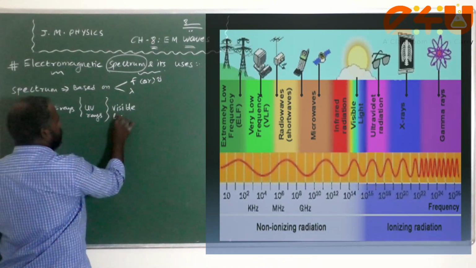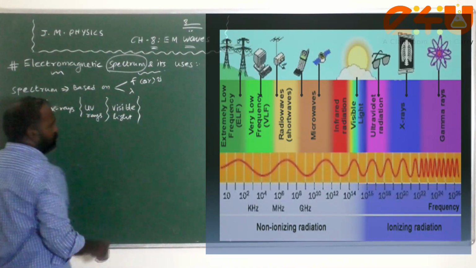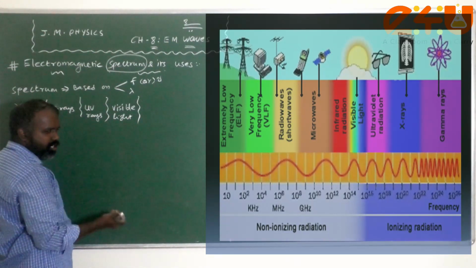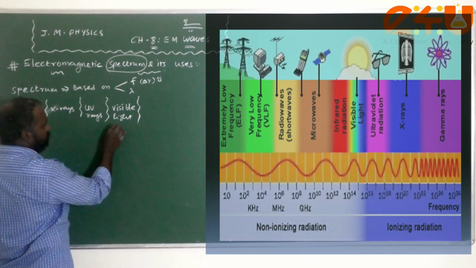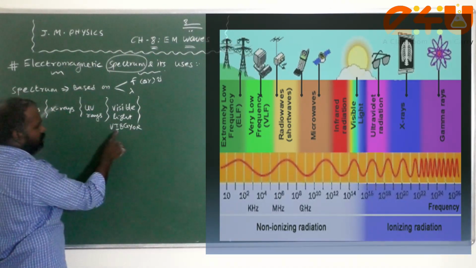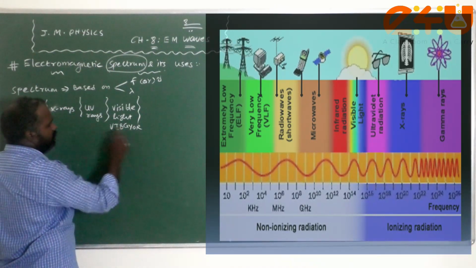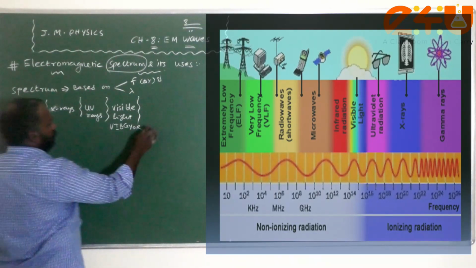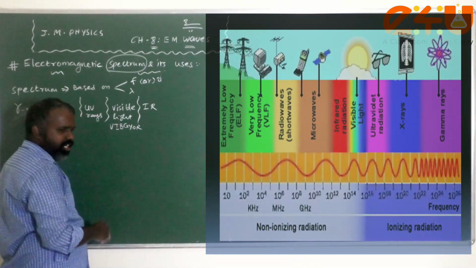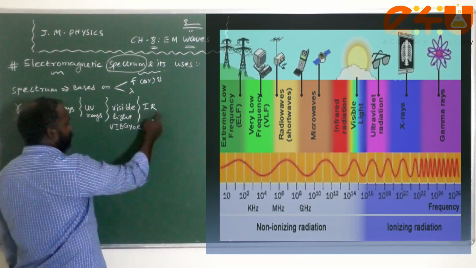In visible light we know the order violet, indigo, blue, green, yellow, orange, red, or simply VIBGYOR. The next one is infrared, IR rays.